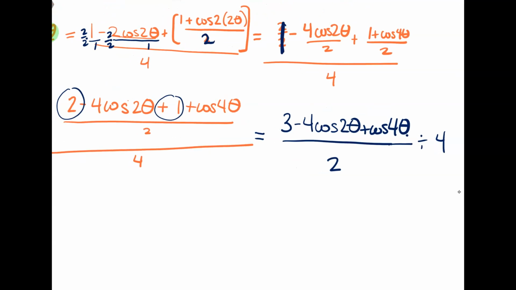Because if I make this a 1, it no longer has a common denominator, and I wanted to write it all over 2. Okay, dividing by 4, same thing as multiplying by the reciprocal. So it would all be over 8.